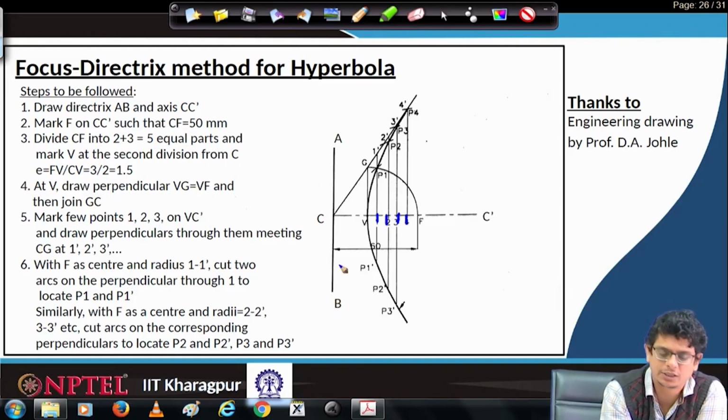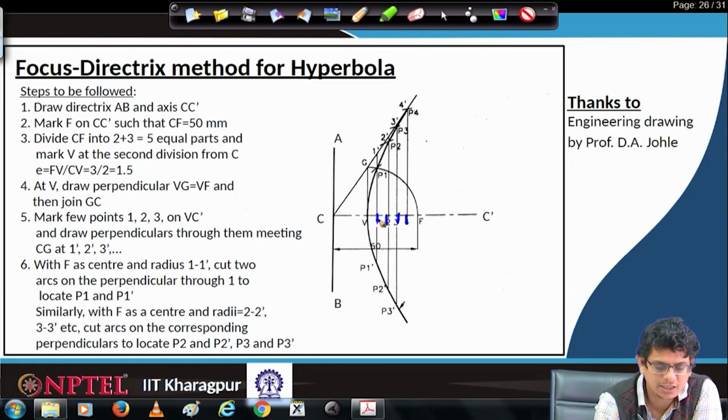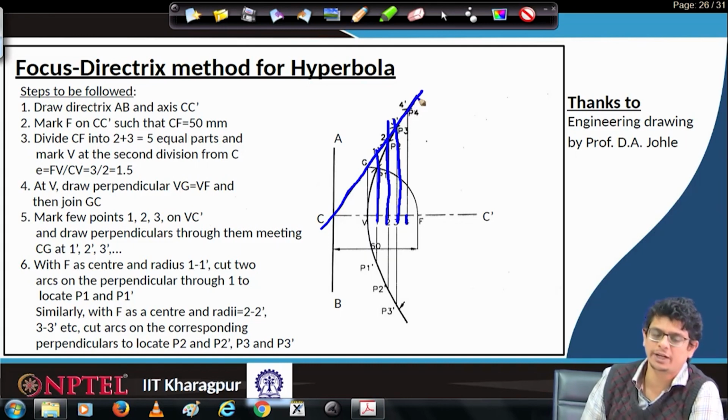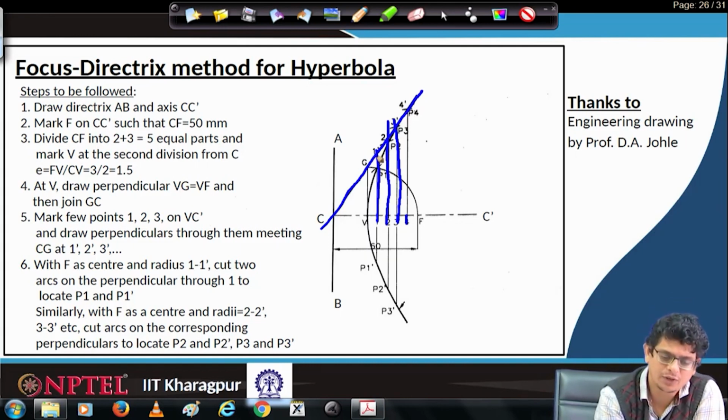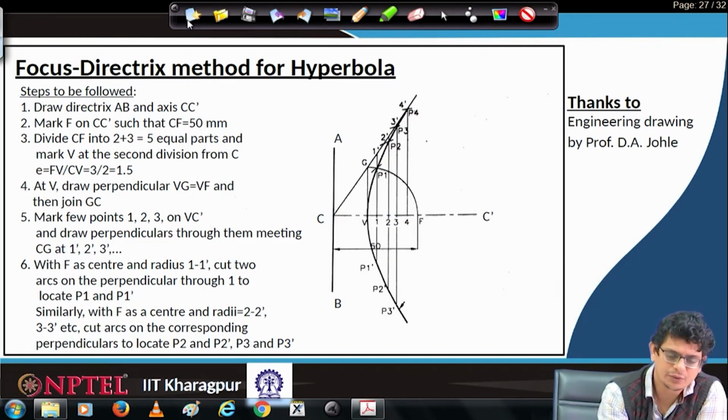These are arbitrary points, and from those points draw vertical, perpendicular lines. These lines are going to intersect the extended line CG at 1 dash, 2 dash, 3 dash, 4 dash and so on. Look at this: where it intersects, that is 1 1 dash, 2 2 dash, 3 3 dash, 4 4 dash.